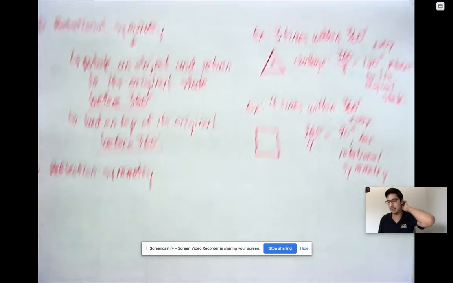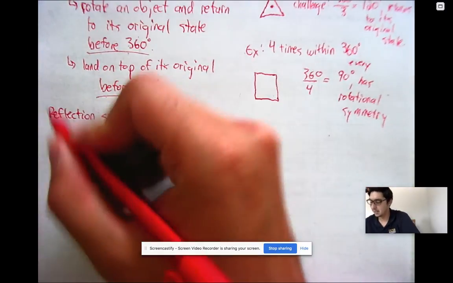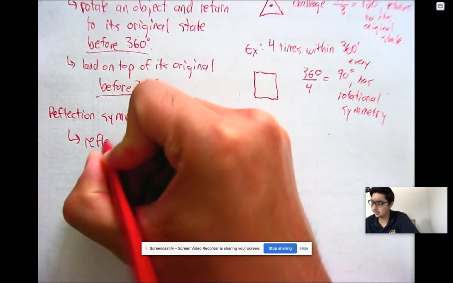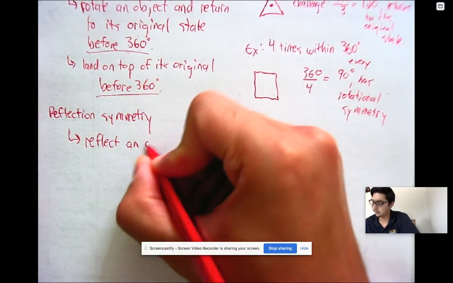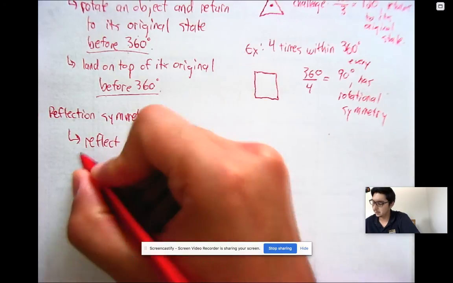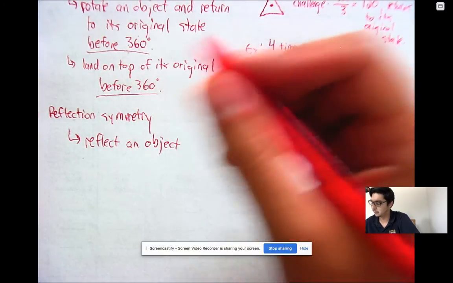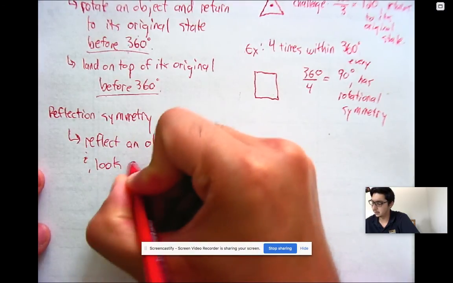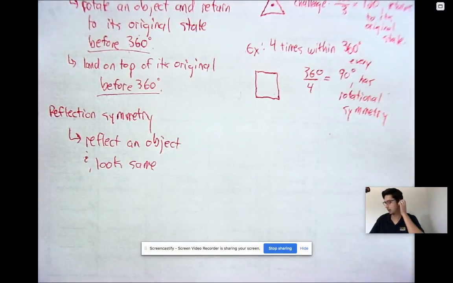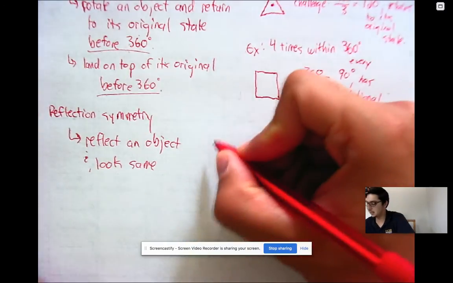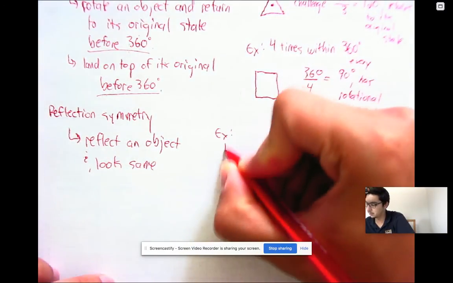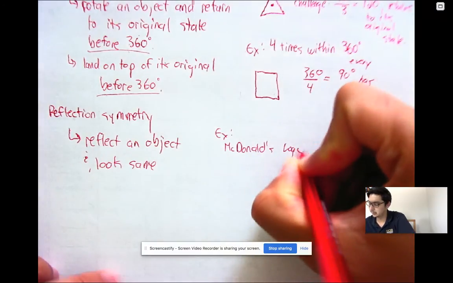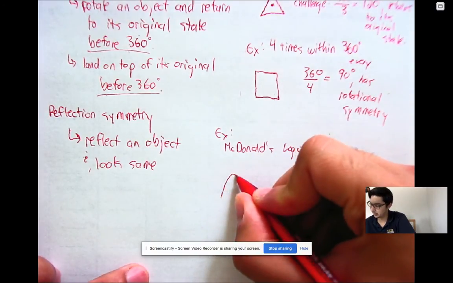Now, what's reflection symmetry? It's the same thing, but instead of rotating an object, you would reflect an object and it would look the same. An example of this is the McDonald's logo. The McDonald's logo looks something like this, of course.